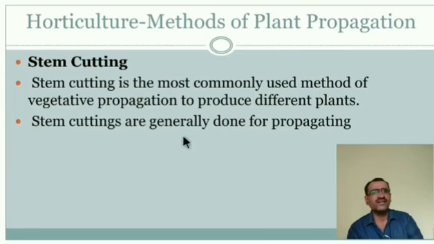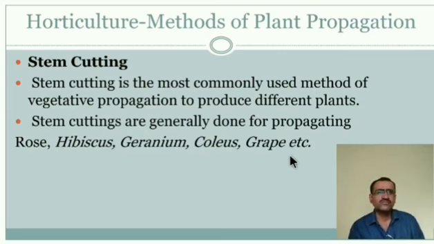Stem cuttings are generally used for propagating rose, hibiscus, geranium, coleus, grape, etc. In our area mostly rose, hibiscus and grapes can be grown with the help of stem cutting.